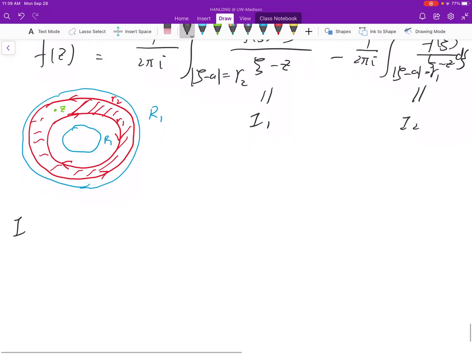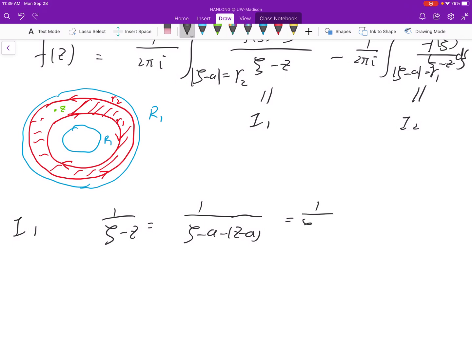By a similar argument, we want to expand 1 over (zeta minus z) into a power series. So we do, this is exactly the same as we did for the holomorphic function on a disk.